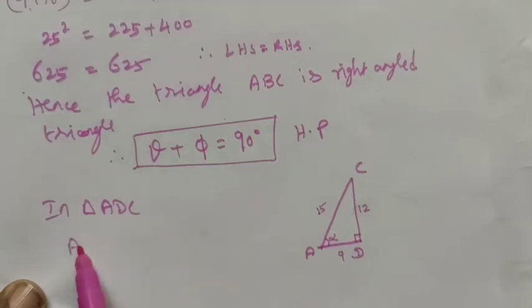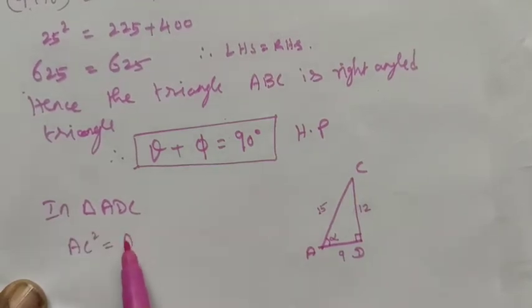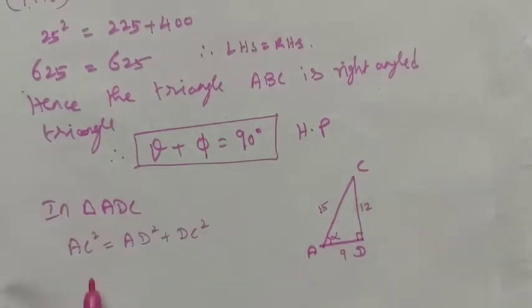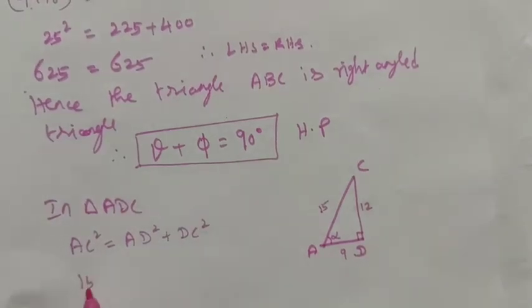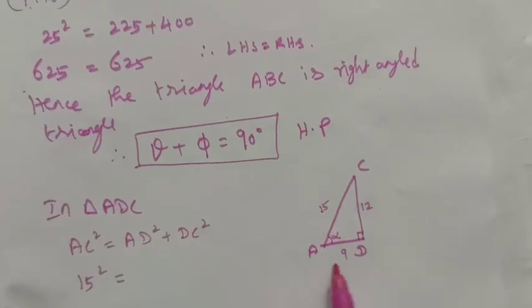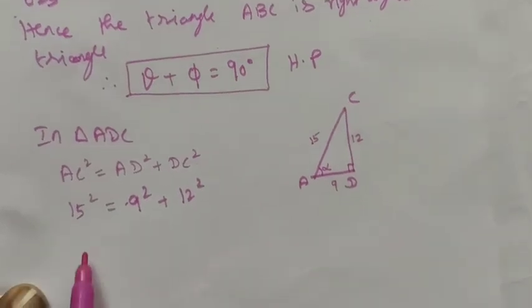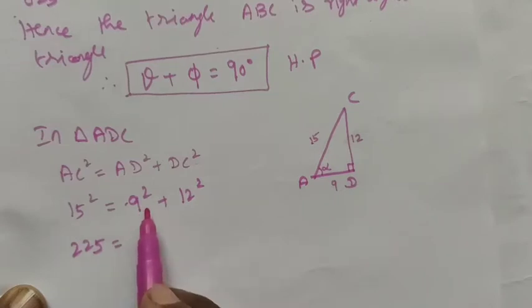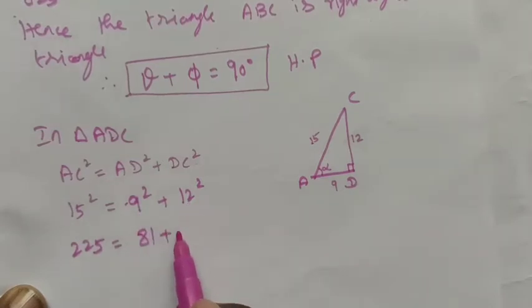So AC square is equal to AD square plus DC square. Now AC square is 15 square, AD is 9 square and DC is 12 square. Now square the terms. 15 into 15 is 225. 9 nines are 81 plus 12 twelves are 144.